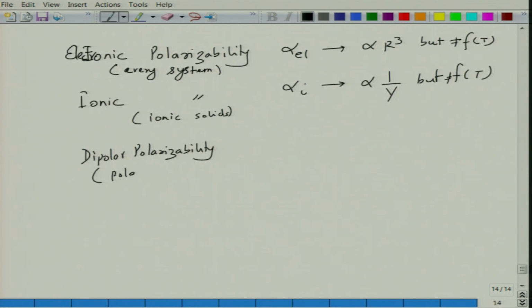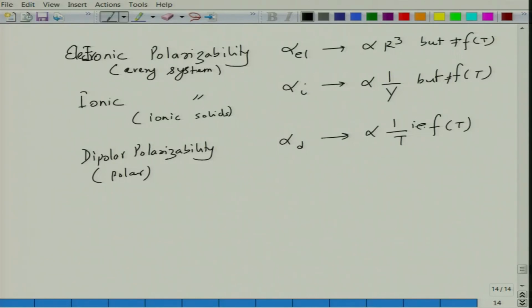This is for polar molecules only, where molecules have a dipole moment. There we define this as alpha d, and this is proportional to 1 over T. So, this is a function of temperature, and it decreases as the temperature increases, which means you need to apply a larger field to polarize the system.